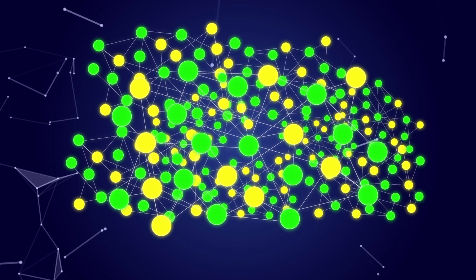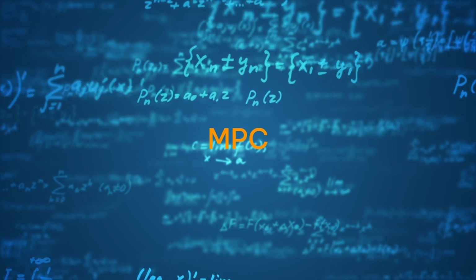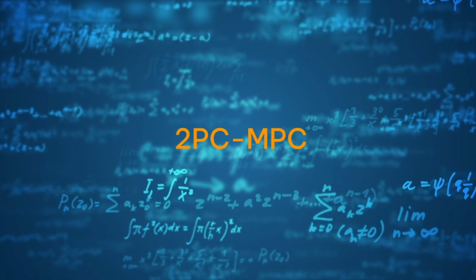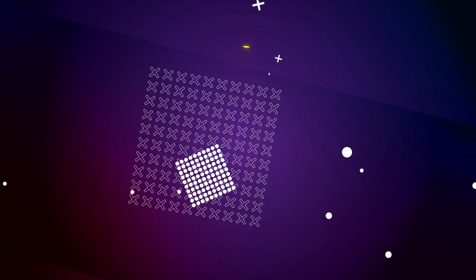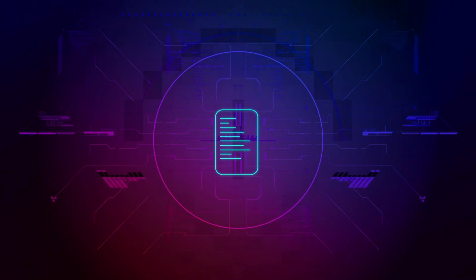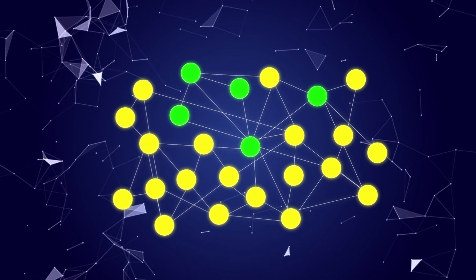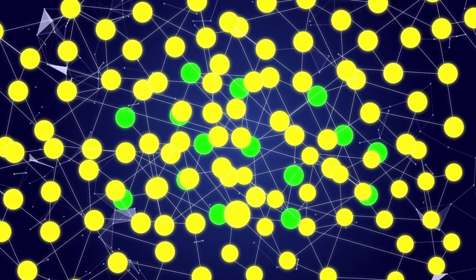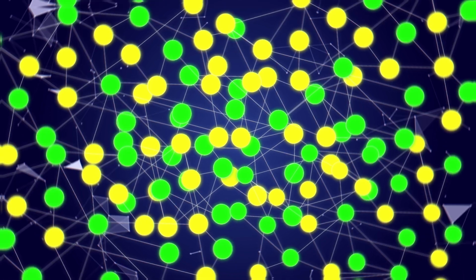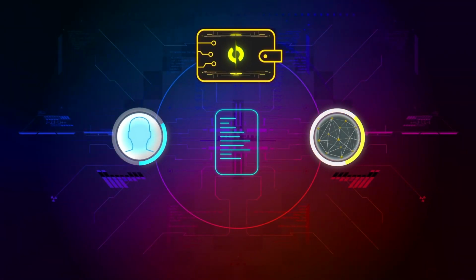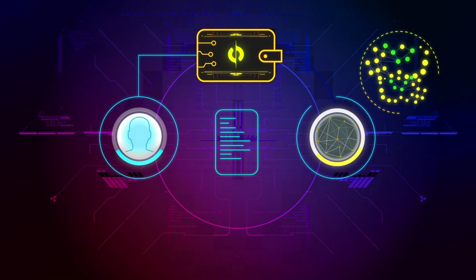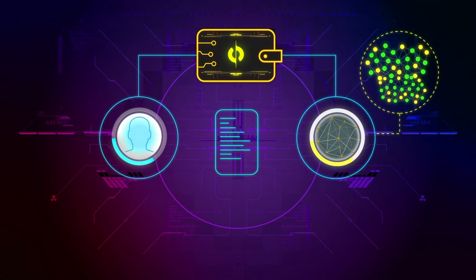To solve that, the Odsy team has developed a new MPC algorithm called 2PC-MPC. This algorithm can be thought of as a nested MPC algorithm, where a signature is created by a two-party computation between the user and the Odsy Network, and the Odsy Network is operated through a multi-party computation of at least 2/3 of the Odsy validators. So for a dWallet to sign a transaction, the user and 2/3 of the validators need to agree to sign.